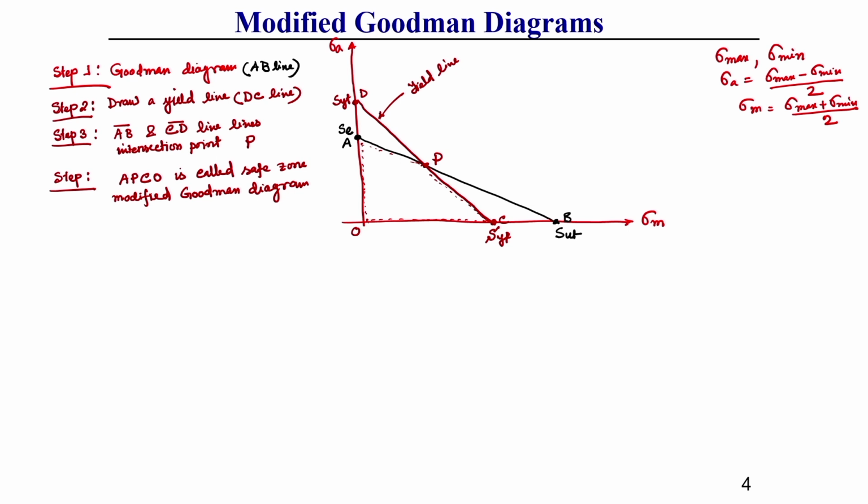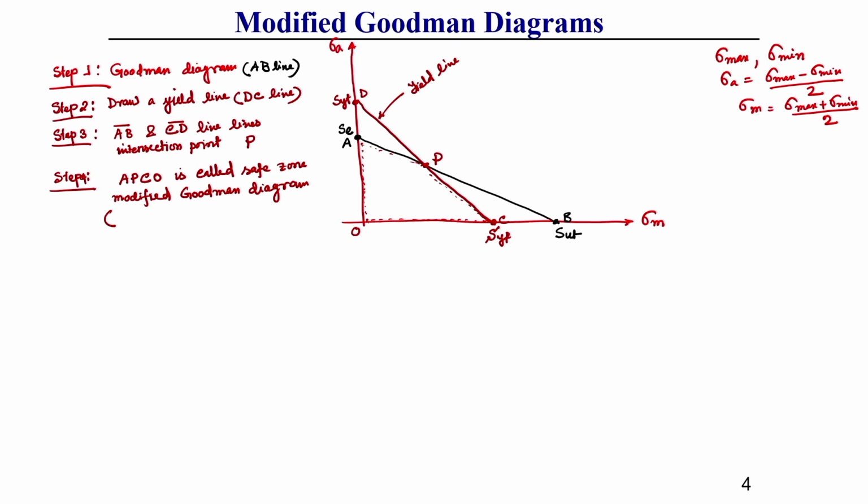Here one thing you should keep in mind: all the points inside this modified Goodman diagram should cause neither fatigue failure nor yielding. So, in this APCO zone, it is neither subjected to fatigue failure nor to yielding, because it is inside the yield stress region, as well as according to the Goodman diagram it is also in the safe zone.